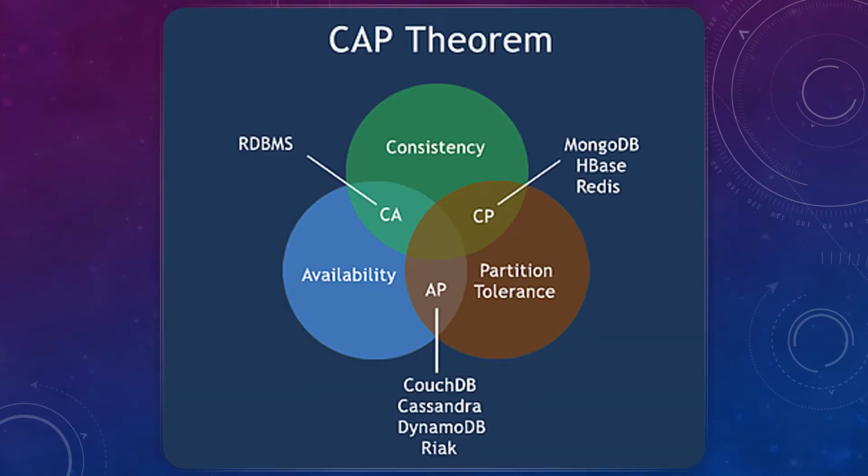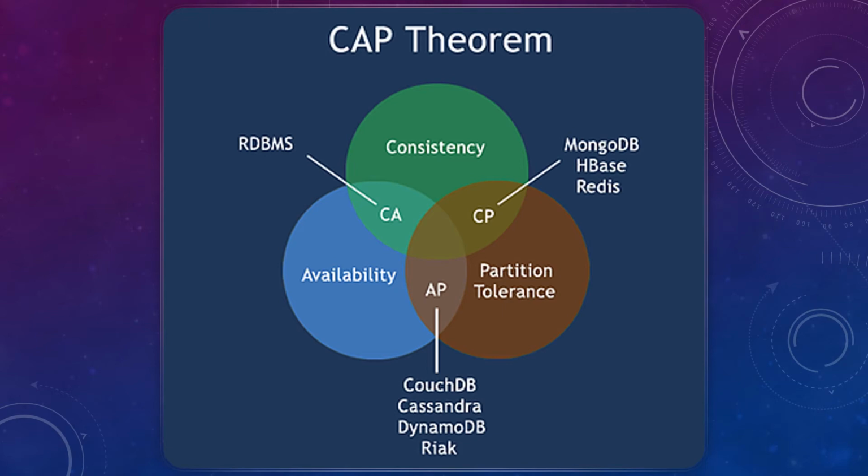Now we will see the CAP theorem, but before that we will see the base properties of SQL database. SQL database emphasizes the ACID properties, that is atomicity, consistency, isolation and durability, whereas NoSQL database follows the CAP theorem, that is consistency, availability and partition tolerance. Now let me explain each term, starting with the ACID properties first.